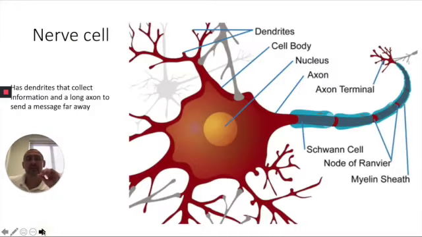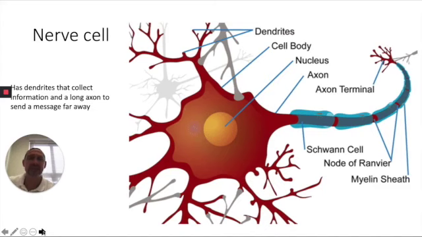If we look at the nerve cell specifically, we'll notice that it has structure and function, that it's built a certain way and it has jobs that it does. So in this case, the nerve cell has a very long axon to transmit information, but it also has dendrites to collect the information. So it needs to be able to collect information and then transmit that information.